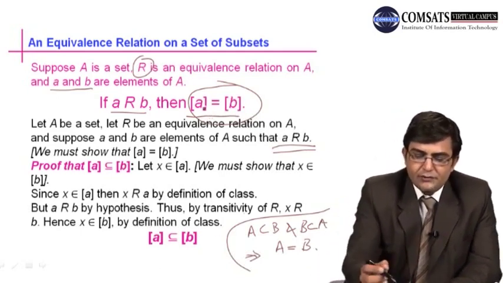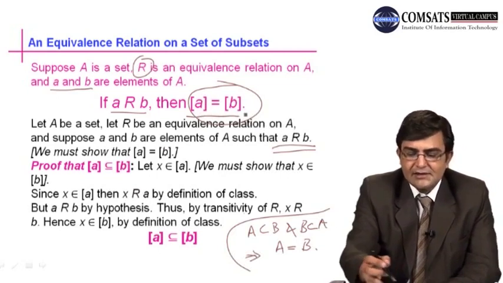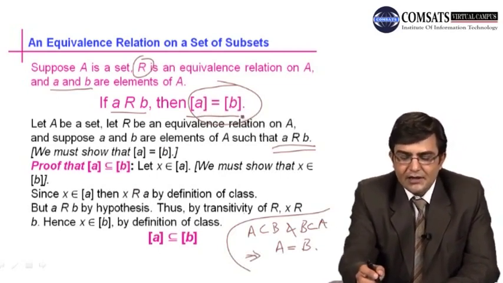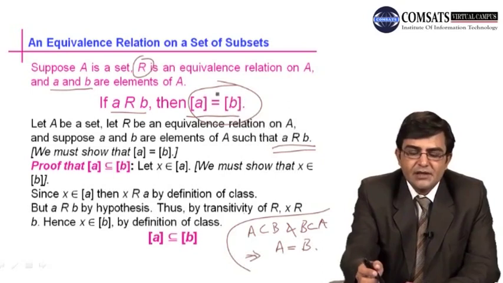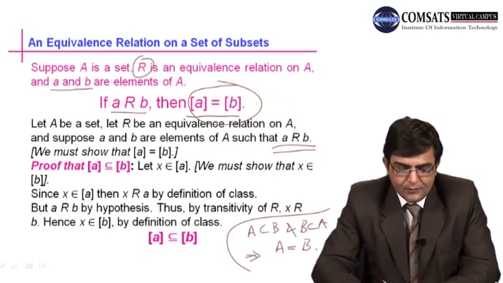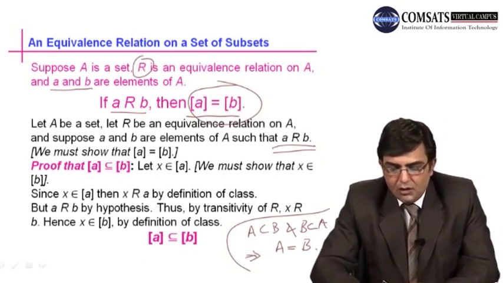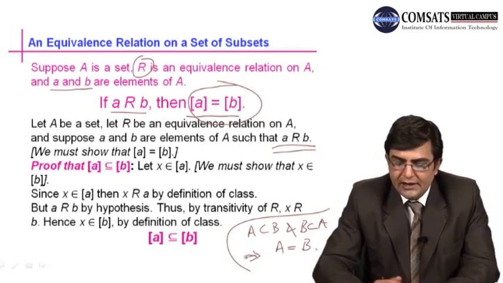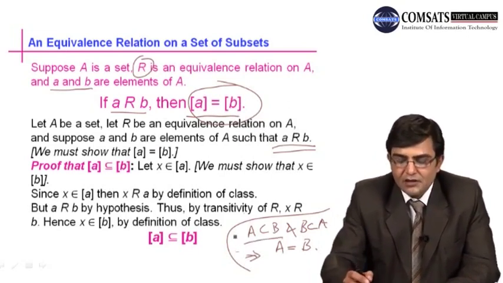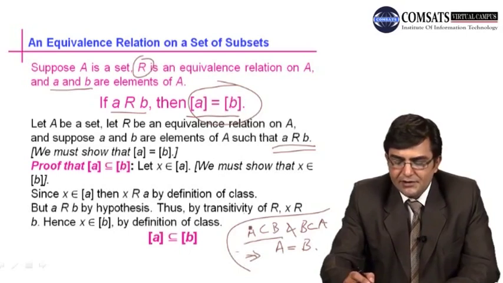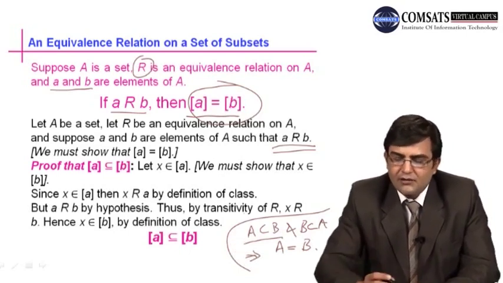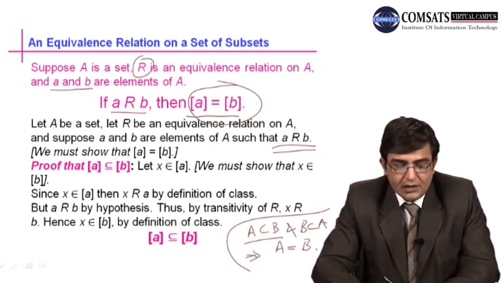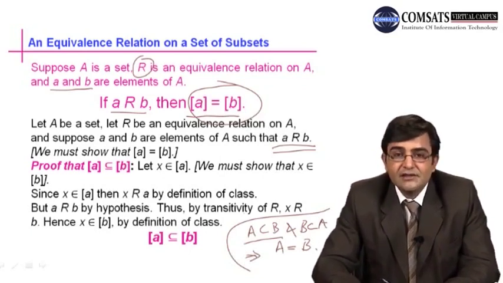We will prove that the equivalence class of a is a subset of the equivalence class of b, and then we shall prove the equivalence class of b is a subset of the equivalence class of a. How do we prove any set A is a subset of B? We take any arbitrary element of A and we prove that that element belongs to B. We discussed it earlier when we discussed sets.